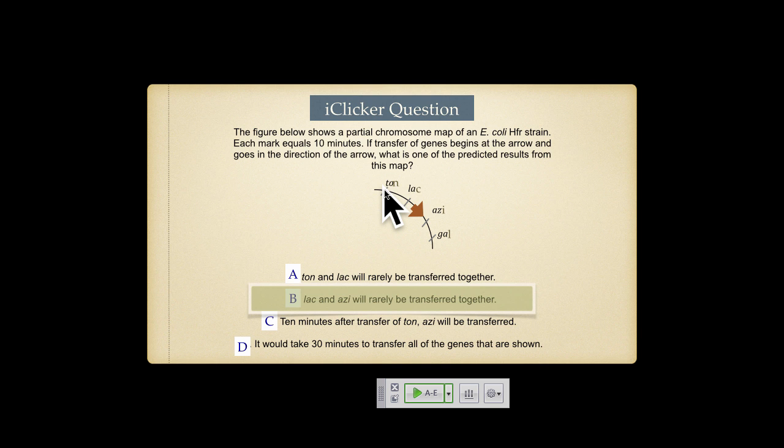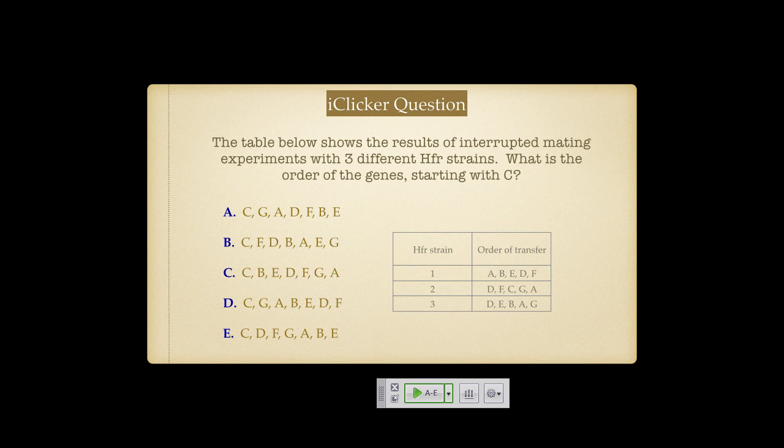Okay. Let's try it in another form. So let's try this question. This would be more like a question that I'd probably have on the exam.